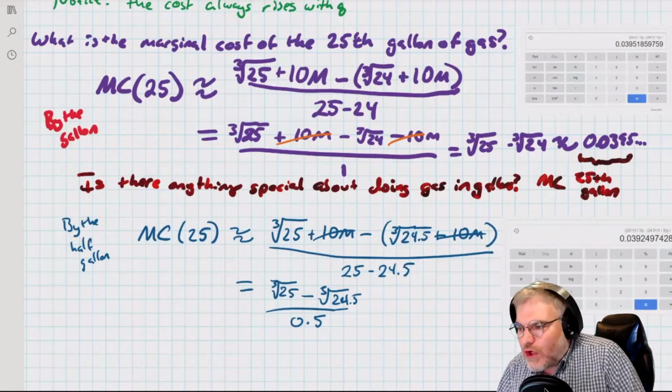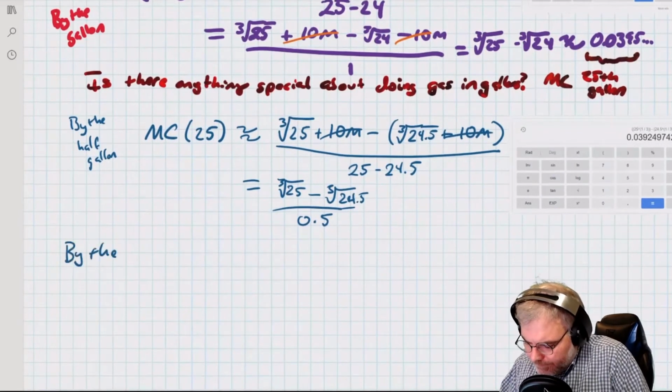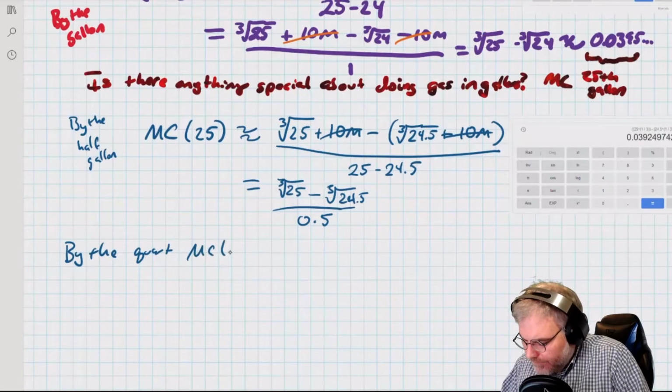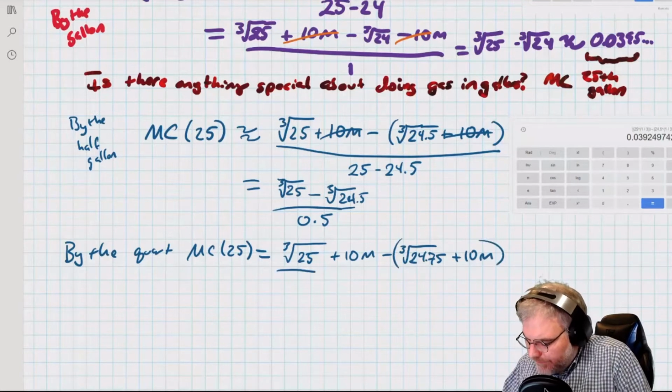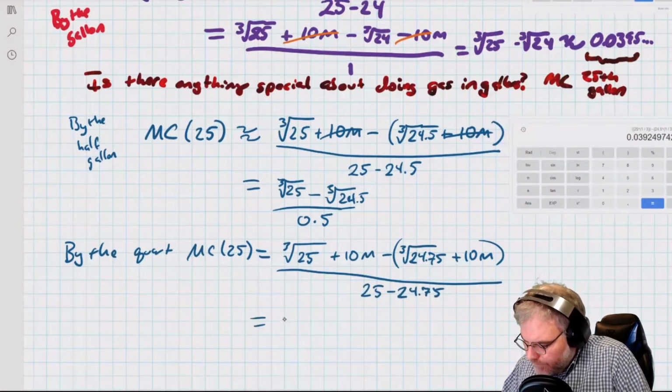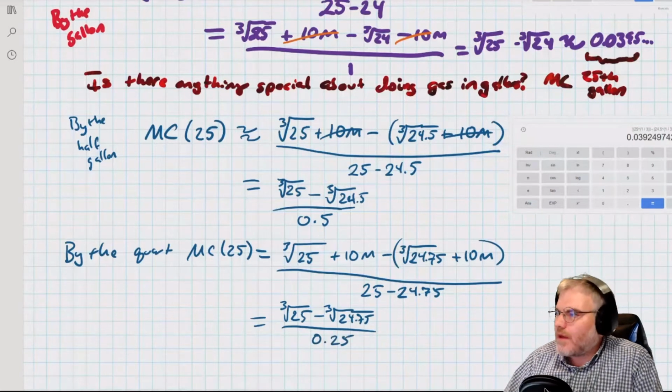And I could go again and do it by the quart. If we wanted to do it by the quart, plus something that's going to cancel, plus something that's going to cancel, and I run the number here.